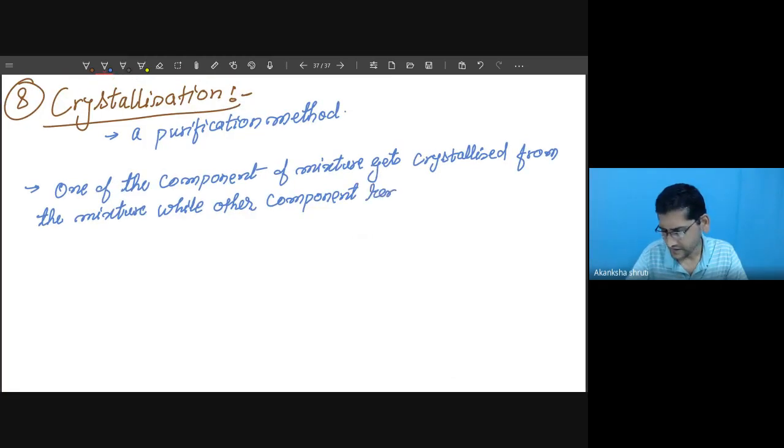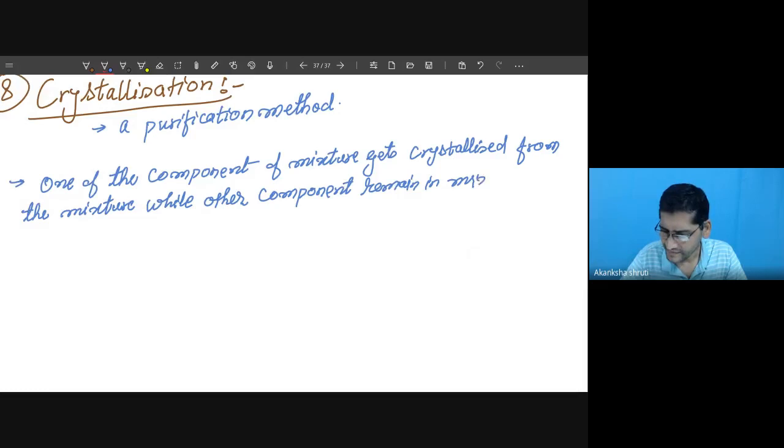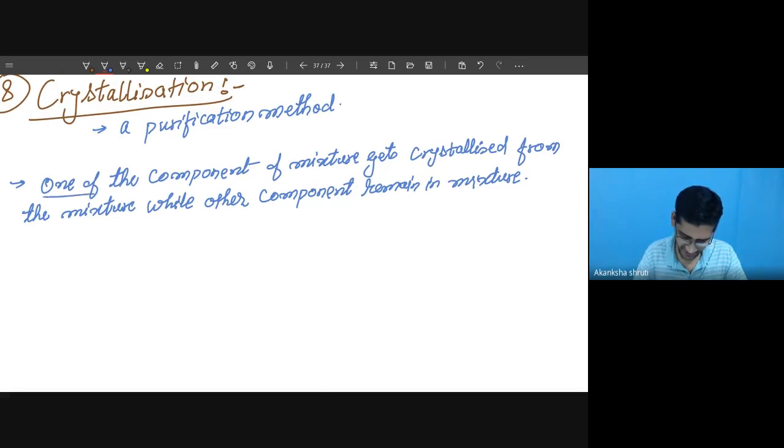So the only requirement is that only one of the components shall get crystallized.